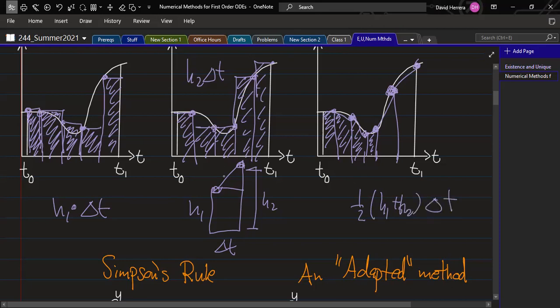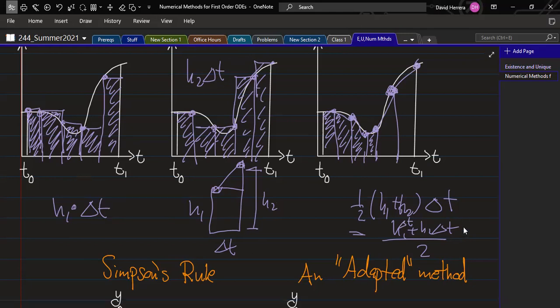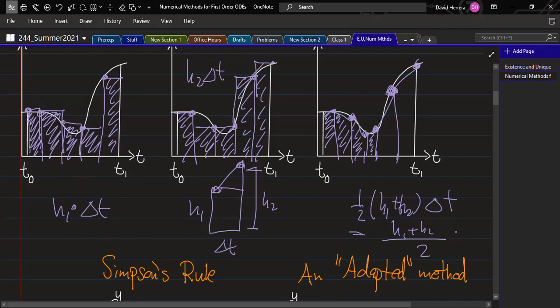You can calculate that using triangles, or if you just remember the formula from high school. Regardless, you see this right here is actually 1/2 (h1 plus h2) delta t. And if you were to write the delta t up here, you see it's actually an average of this area and this area here. But we're actually going to leave the delta t down here because this number right here is an average of h1 and h2. And this is going to be more analogous to the method we use later.